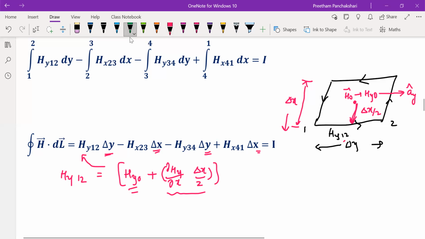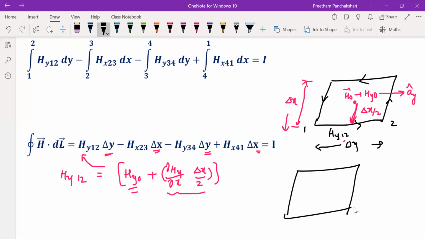Similarly, if you want to understand another quantity, that is over 2 to 3, what you want to find is Hx23. As usual, see, the x component is only required on 2 to 3.